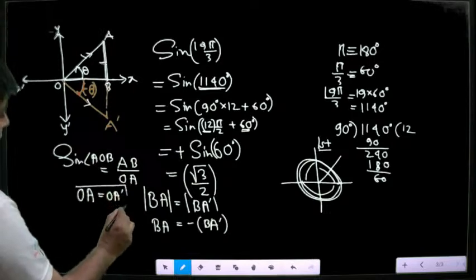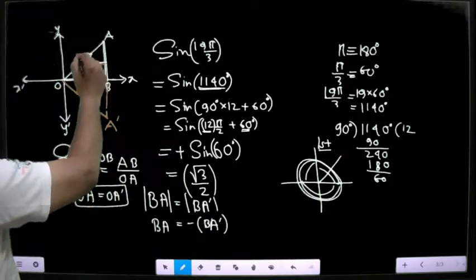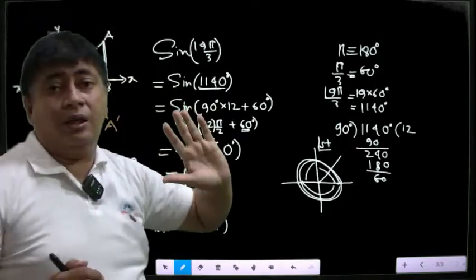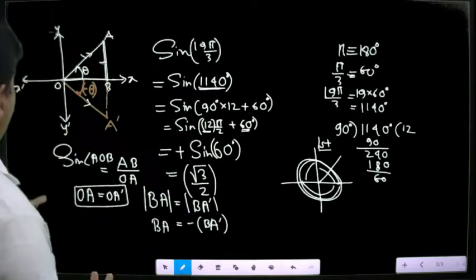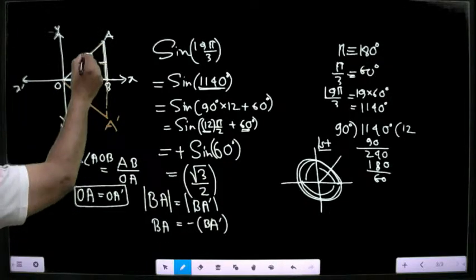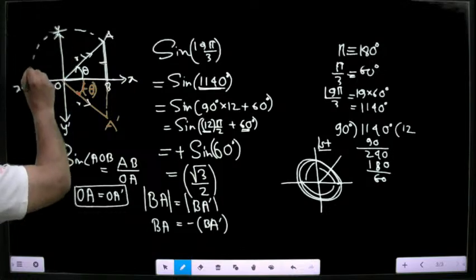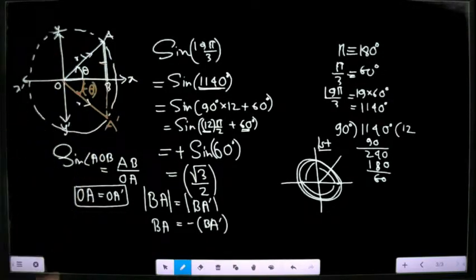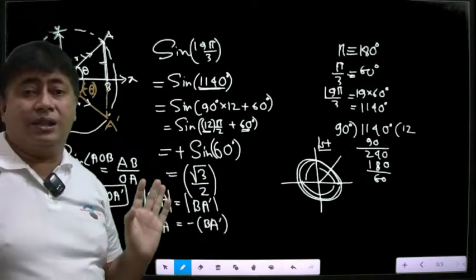OA is equal to OA dash, only because diagonal movement is considered in the Cartesian coordinate system as scalar. So sin A dash OB, and if you consider this as r, the radius of a circle, and complete the circle if you wish, then these two will be considered as the radii of the same circle.